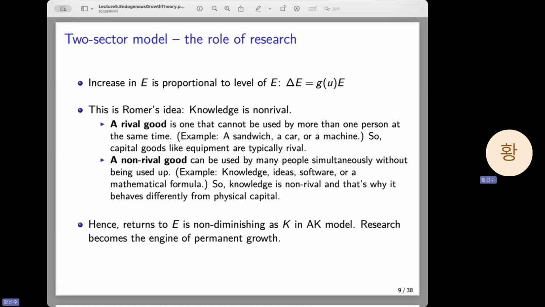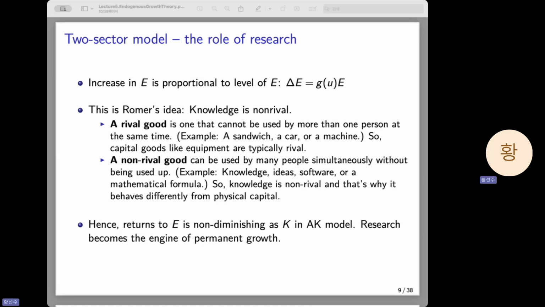Okay, let me briefly explain the difference between rival goods and non-rival goods. A rival good is one that cannot be used by more than one person at the same time. Examples of rival goods are food, a car, or a machine, etc. So capital like equipment is typically a rival good.